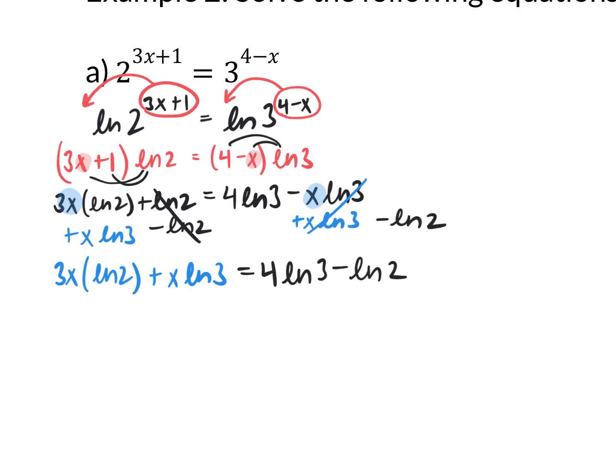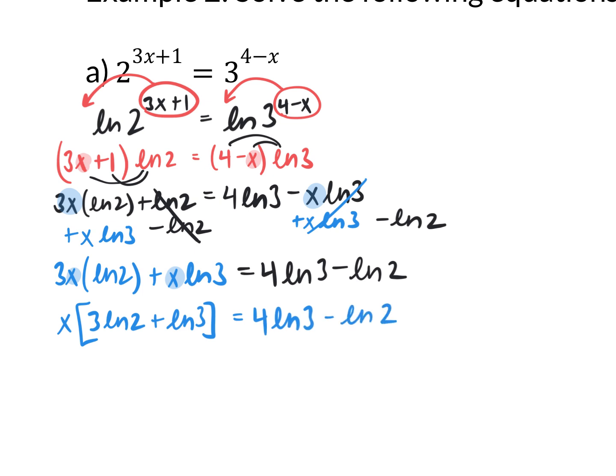Okay, we're getting somewhere. We should see now that I've got an x here and an x in the second term. So I can factor out an x to give me x times 3 natural log of 2 plus the natural log of 3. And then that same thing on the right side.